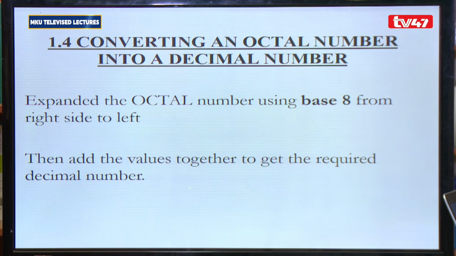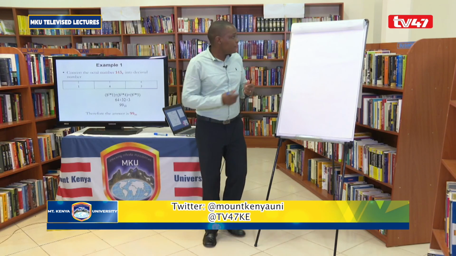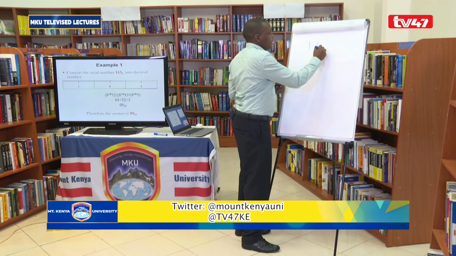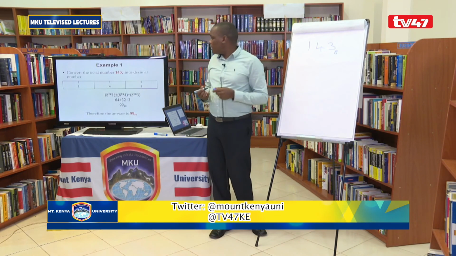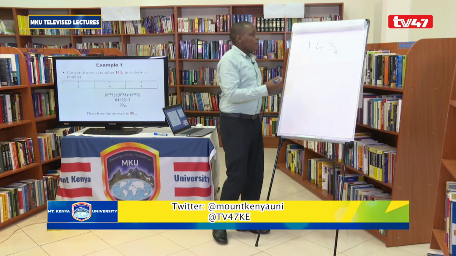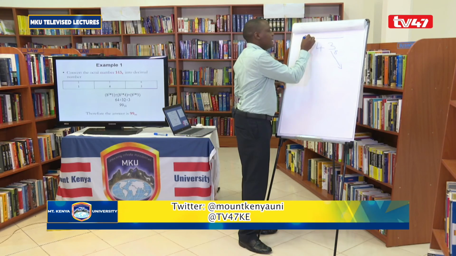So we want to convert the number 143, which is an octal, 143 base 8. We want to convert it into decimal. You expand using base 8 from the right side towards the left.